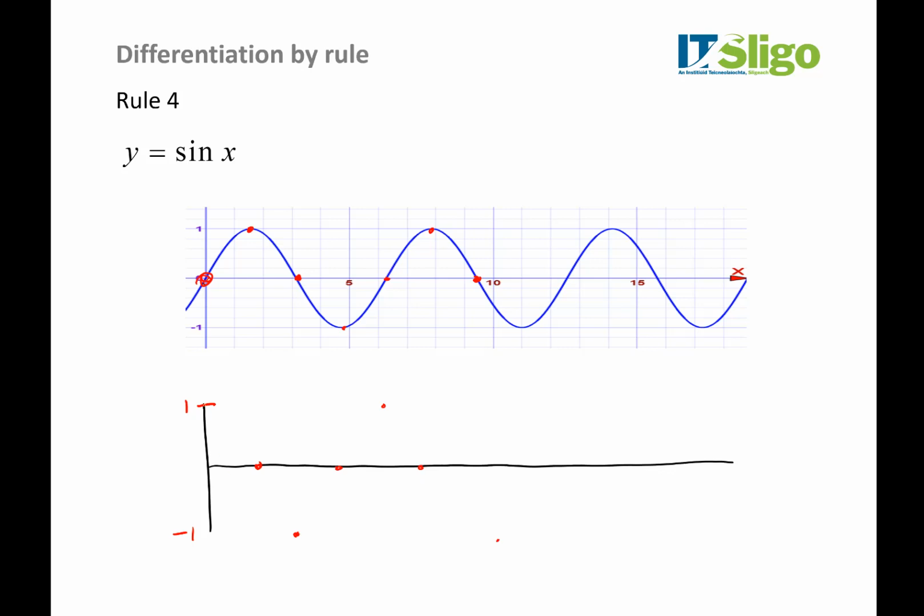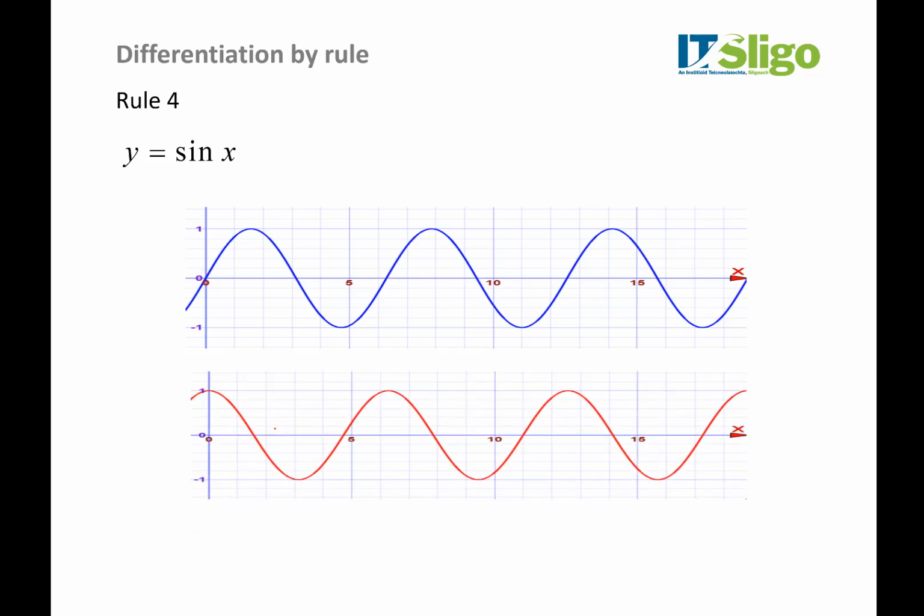So when I actually start to join the dots, what I'm actually getting is, if you recognize this from the trigonometry lectures, it's the cosine curve. So the derivative of y is equal to sine x is cos x.